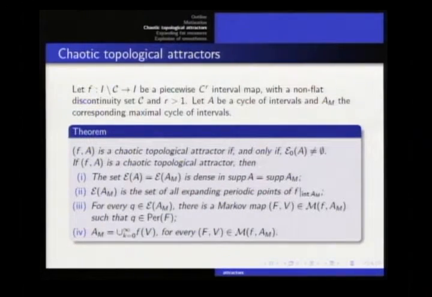So for these piecewise C^r interval maps and A a cycle of intervals, AM will be the corresponding maximal cycle of intervals that we prove exists. So it's not taken a priori. In fact, it's part of the proof. We show the following: we show that FA is in fact a chaotic topological attractor if we have one of those periodic points.